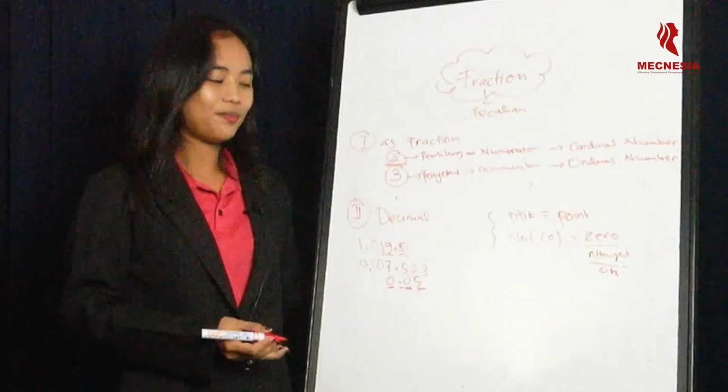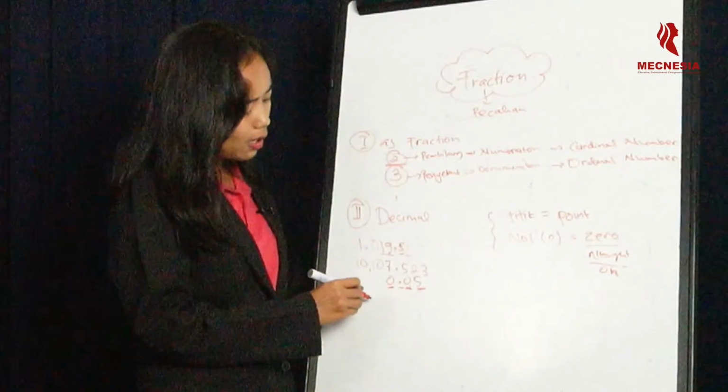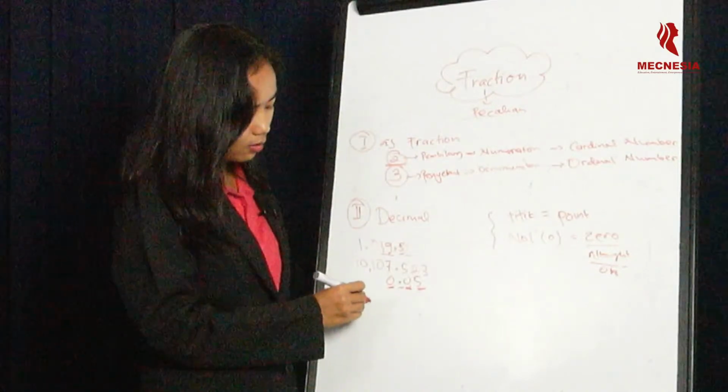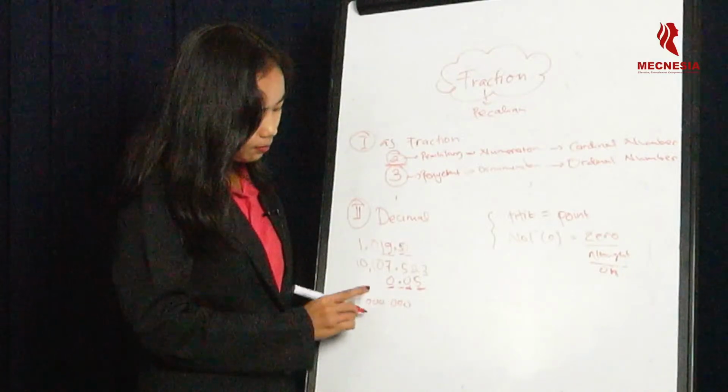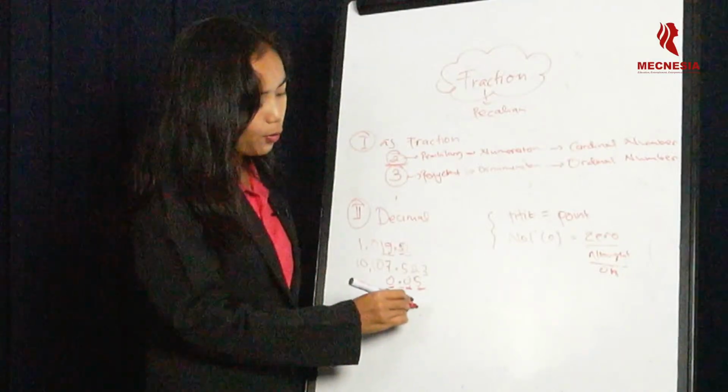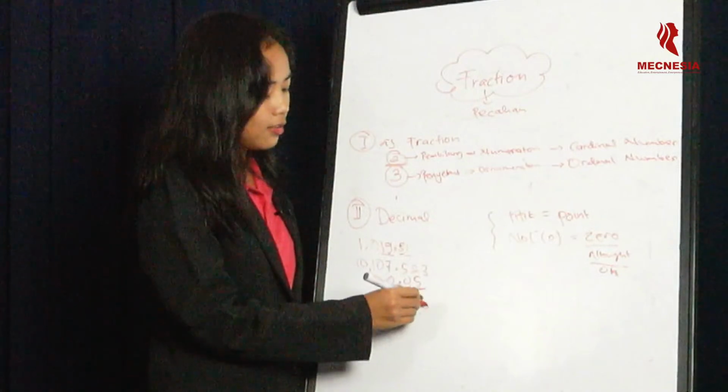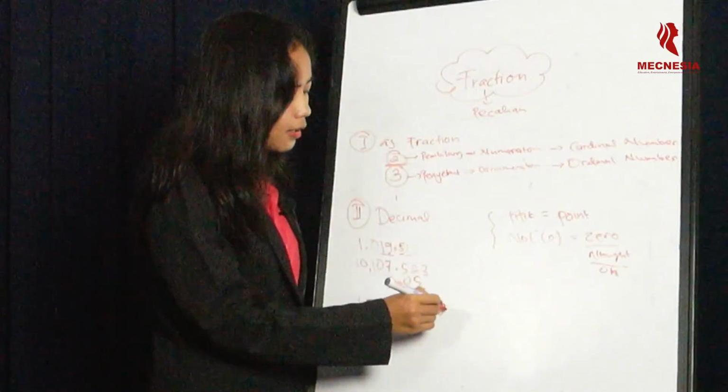0.05. Next, how about 1 juta point 0099.